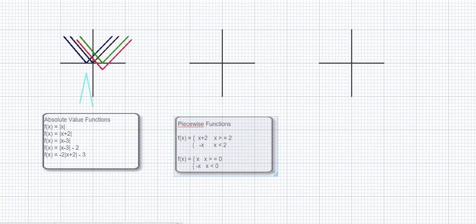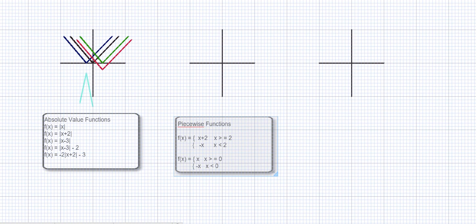Now we're going to talk about piecewise functions. Piecewise functions are described as taking on different values of f of x, or in other words, y, and they'll take on different values depending on the domain range of x.